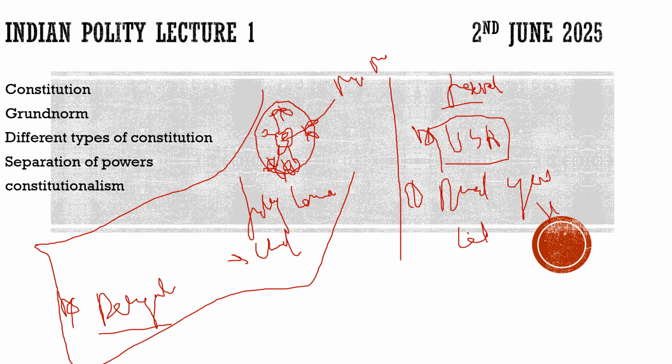There would be the distribution of powers, not delegation of powers, but distribution of powers. Whatever powers are with the states, they will enjoy that, and the center cannot take those powers from the state, and whatever powers are there for the center, they will enjoy that. State cannot take those powers from the center. So there would be the dual government.